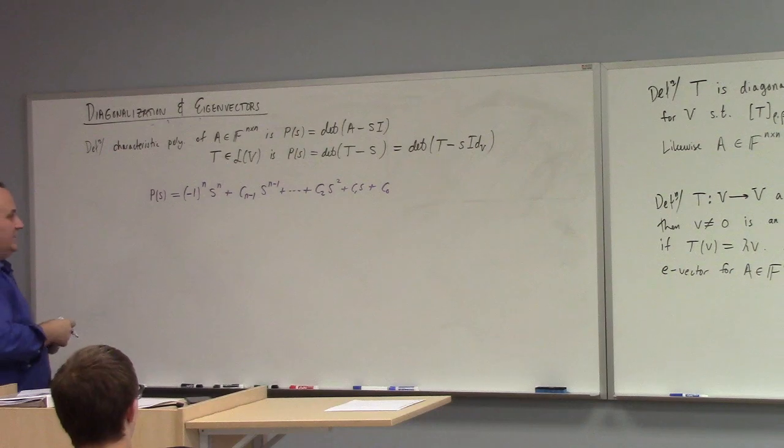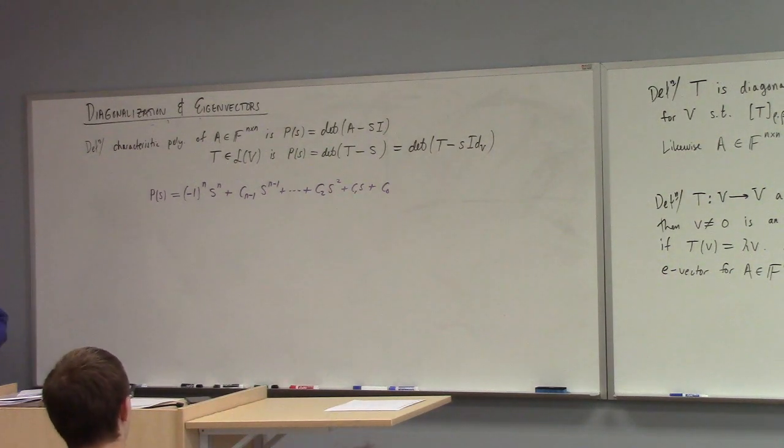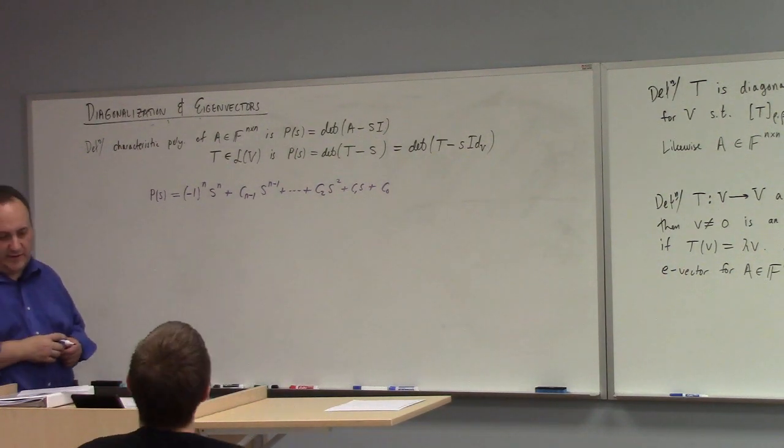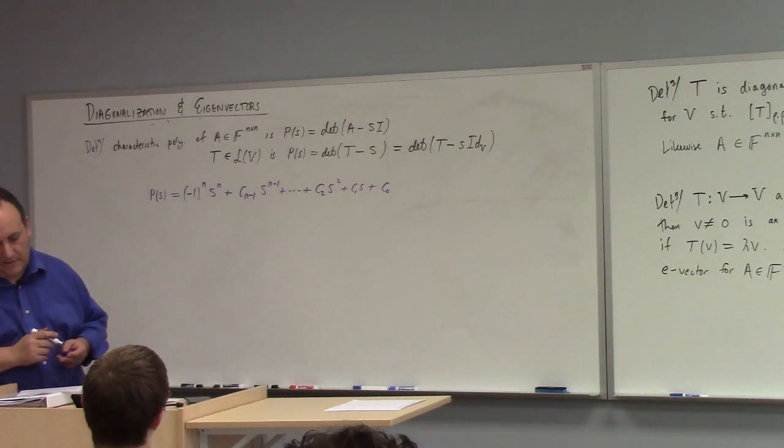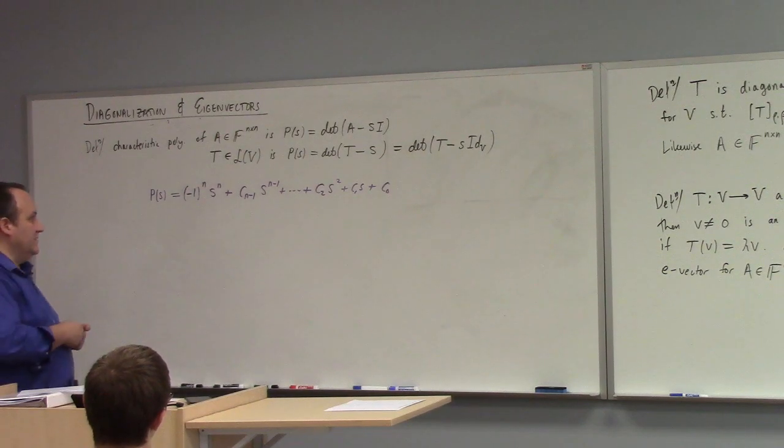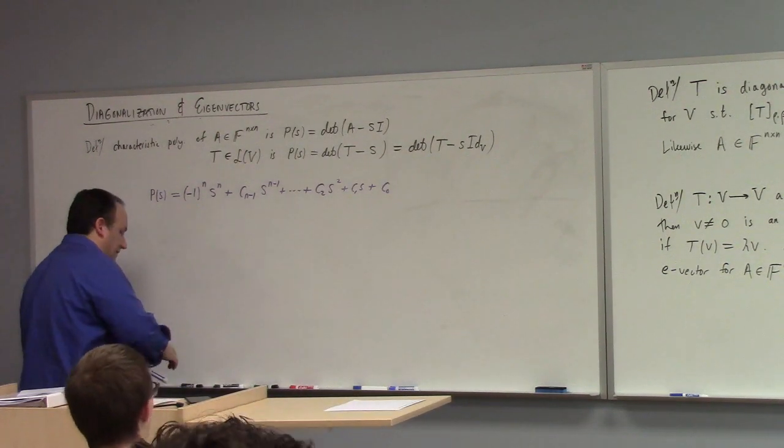That is the characteristic polynomial. I don't know what the coefficients are right offhand, but I can prove a little bit about it, as we'll see. But before I do that, I should take care of an item here.